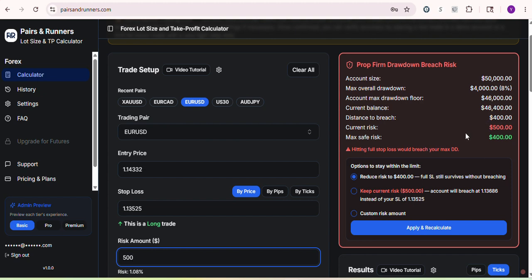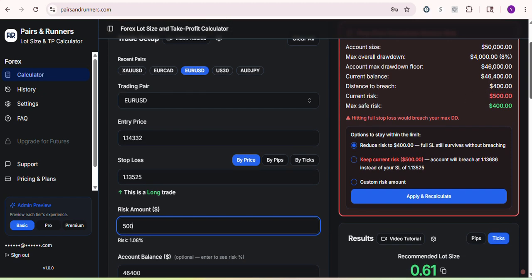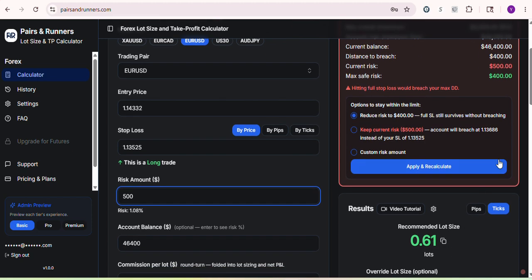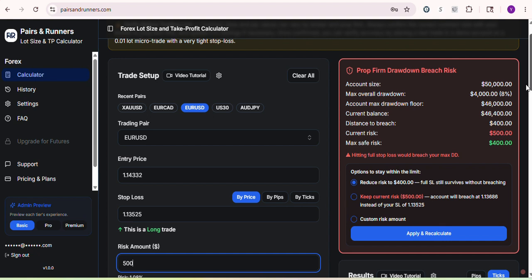And so it's telling us that if we take the trade that's currently at 0.61 lots at $500 risk, it could breach the account before we hit our stop loss, and the trade has a chance of playing out completely. It's possible that it will still hit the full stop loss, and the account will breach or just miss breaching, but at least you give yourself a fighting chance to let the trade play out completely.